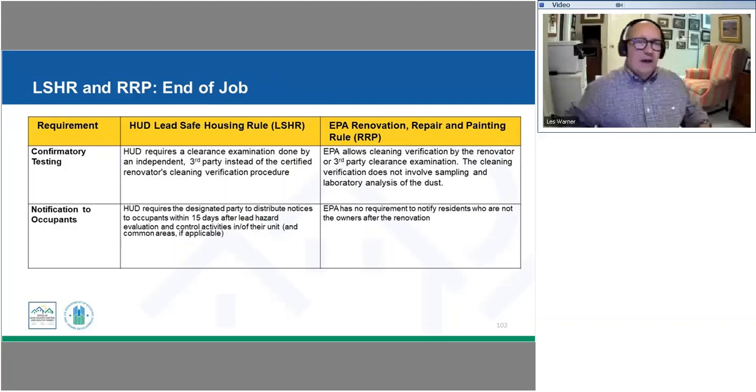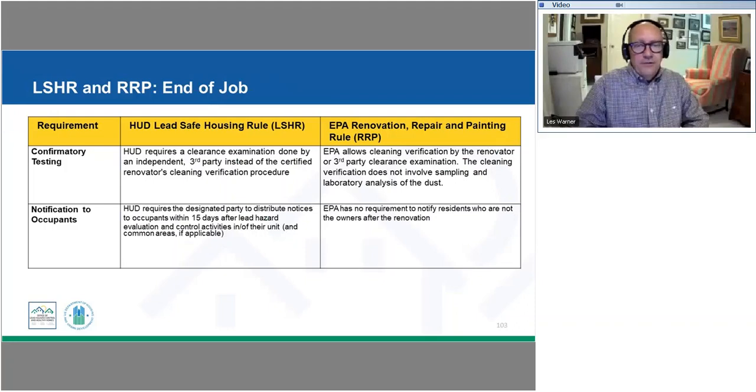Lastly, at the completion of the job, there are real differences in what's required for clearance. The EPA will actually allow the renovator themselves to do a verification, and it doesn't require the same sampling and lab testing that the lead-safe housing rule requires. The lead-safe housing rule, which is what we're going to be following and which is more stringent, requires that the exam be done by an independent third party, not the renovator themselves, who might be strategic about their sampling.